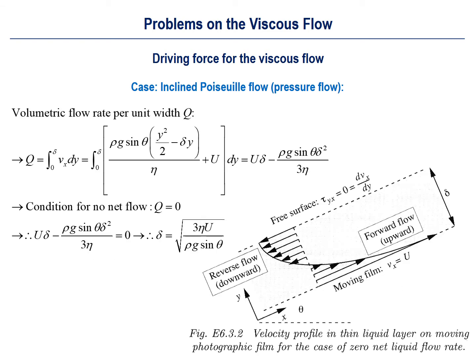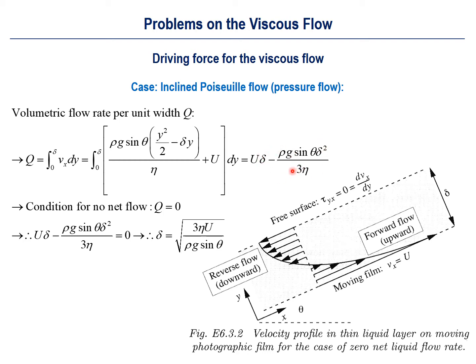Actually, this is quite an interesting problem when considering the volumetric flow rate Q. Using the previously found velocity profile in the x direction as a function of y, we can derive the dependence of Q on U, delta, rho, g, and eta as shown in this first equation here.